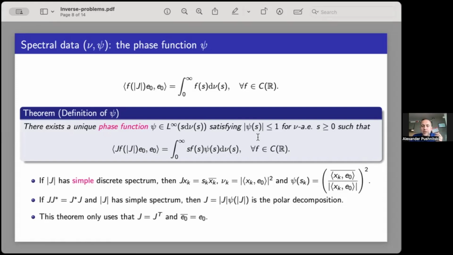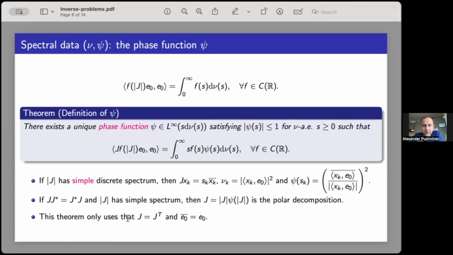It will be of modulus 1, and it will precisely describe these rotations effected by J. But in general, it may not be equal to 1. It may be less than or equal to 1. And so in general, it's hard to describe these functions, these rotations psi, intuitively, but it's a well-defined quantity.